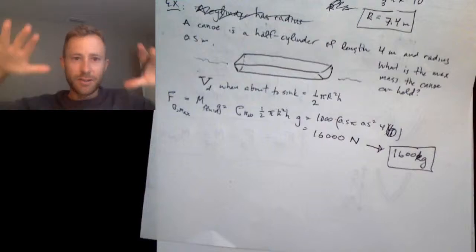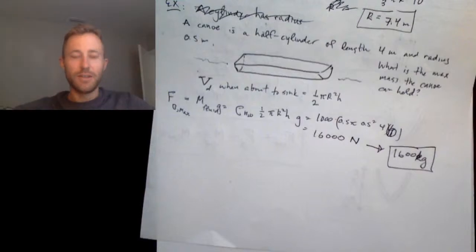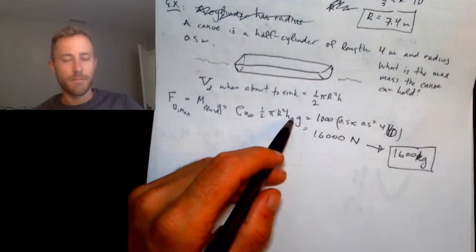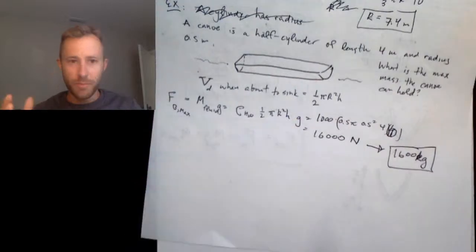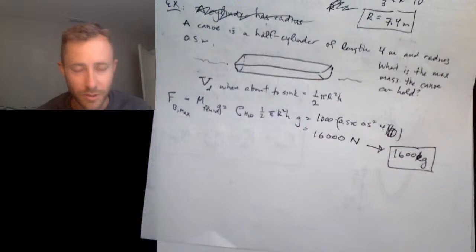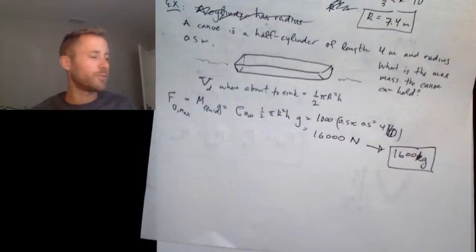The maximum buoyant force is when the canoe is just about to be completely sunk. So what I did was I calculated that buoyant force, and then if the mass of the canoe exceeds that maximum buoyant force, then it's going to go all the way under. It's going to go all the way to the bottom. So that mass is 1,600 kilograms.